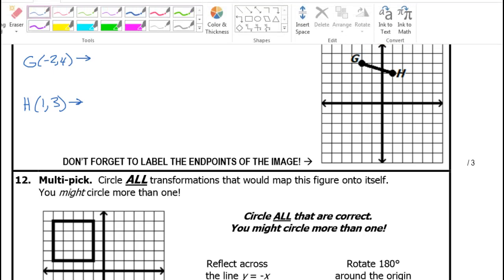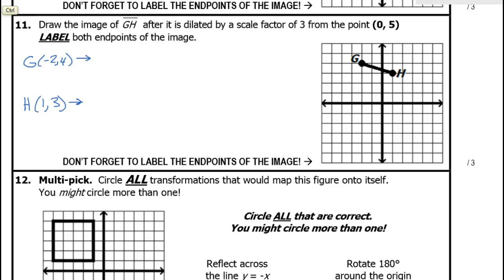So using the strategy that we used last time, we're going to move to the origin, do the transformation, and then we're going to move back. So what would it take to change this point to the origin? Well, I've already got a 0, so all I would have to do is subtract 5 from the y value, and that would make this into 0, 0. So I'm going to do that to all of my points.